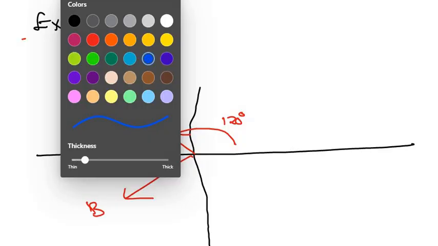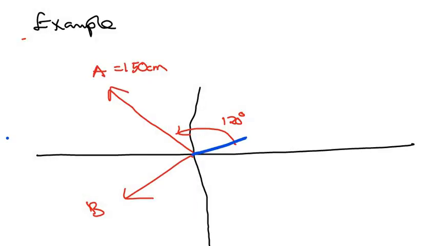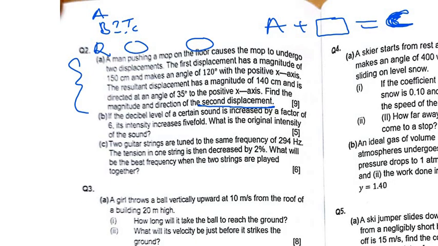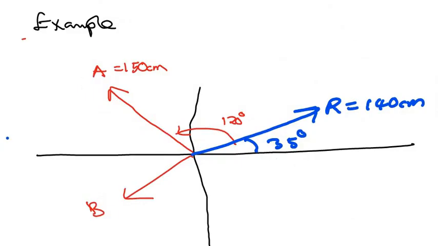Your answer is this R, which is the 140 centimeters at an angle of 35. So we have information about the final answer. We have information about one of the vectors. We're looking for the other vector.